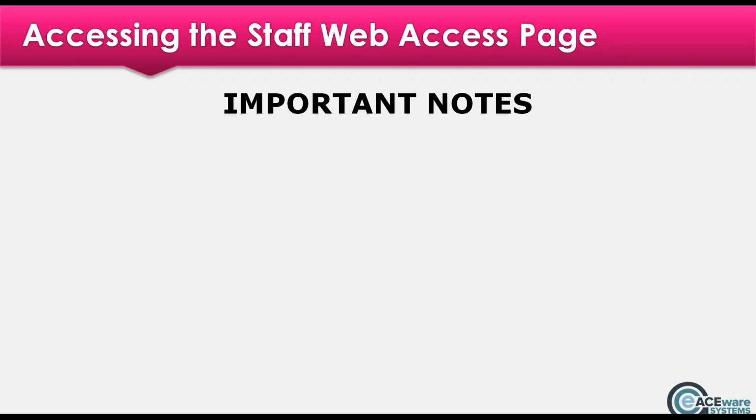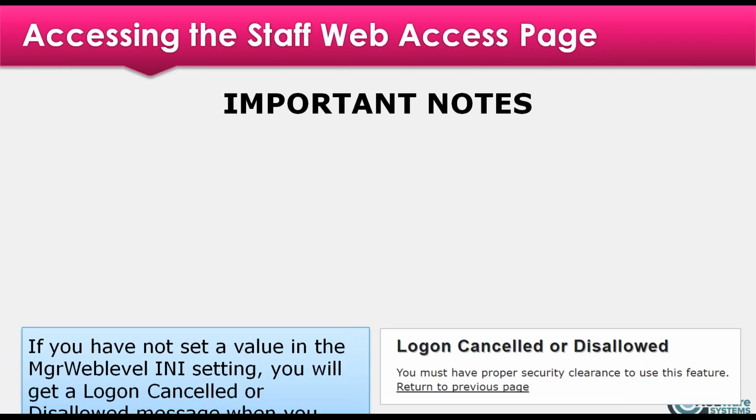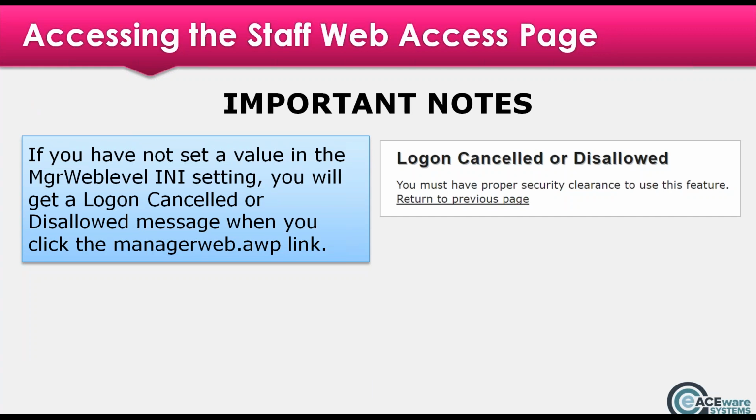Now, some important things to mention. If you think you have this all set up correctly and your staff member goes to log in and they get a message that says "log on was canceled or disallowed," what this means is the Manager Web Level INI setting is probably still set to the default, or it's blank, or it's set to 0, which is basically disabling the staff web access feature.